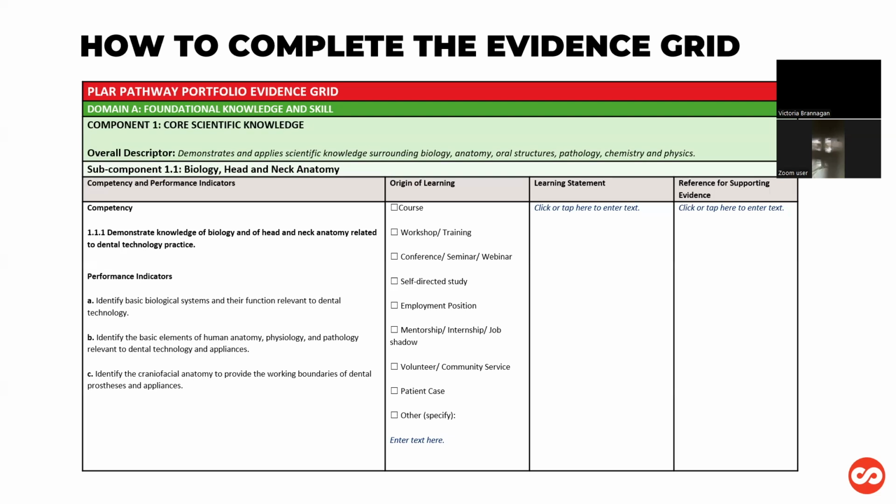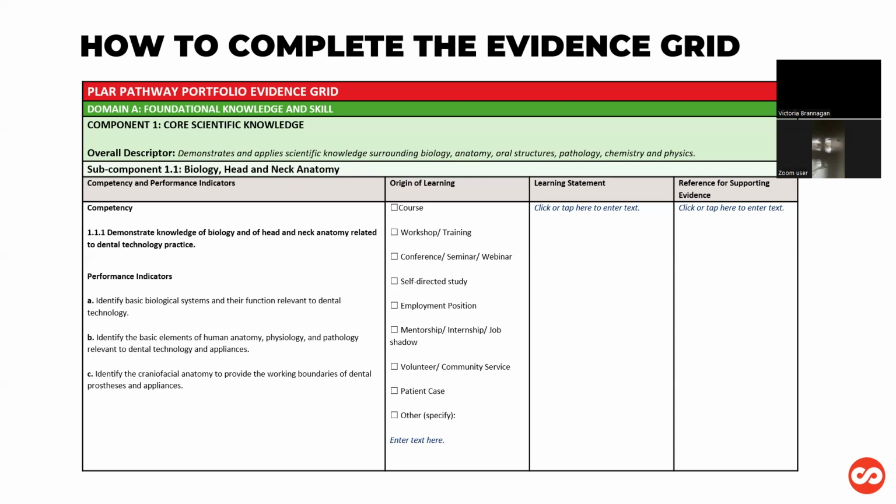Now, to better understand each performance indicator and what the evaluator assigned to your file will look for as evidence of meeting the performance indicator, refer to the key evidence criteria, which is located in Appendix A of your guide. PLAR, and it's called Appendix A PLAR Competency Framework. So the key evidence criteria defines each performance indicator.